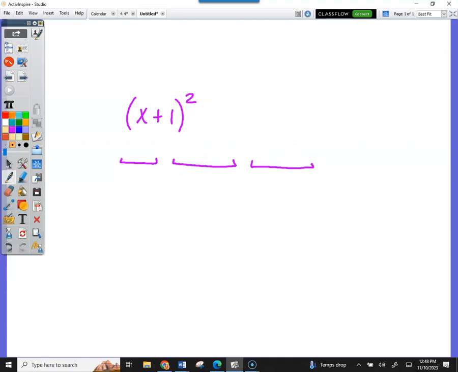The first term squared, the 2 terms multiplied together, doubled, and then the last term squared. That's the pattern. The first term gets squared, the 2 get multiplied together and then you double it, and then the last term gets squared.